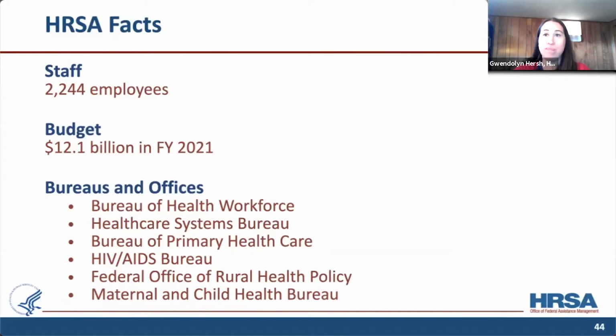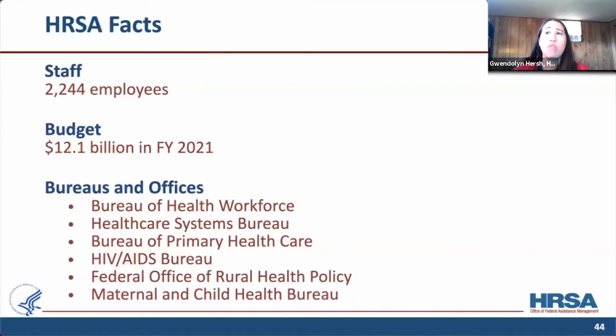In addition to our core funding, HRSA has awarded more than $2.5 billion through grants and other funding mechanisms in response to the COVID-19 pandemic. Some of these include expanding capacity to diagnose and treat COVID-19, increasing access to telehealth and supporting telehealth services, as well as training for our healthcare providers.